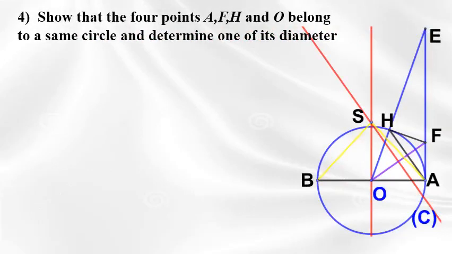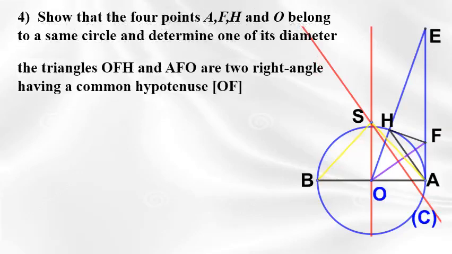Show that the 4 points A, F, H, and O belong to a same circle and determine one of its diameters. We have to prove that A, F, H, and O belong to a same circle, and we have to determine its diameter.